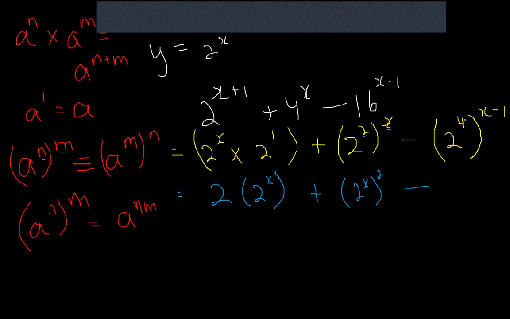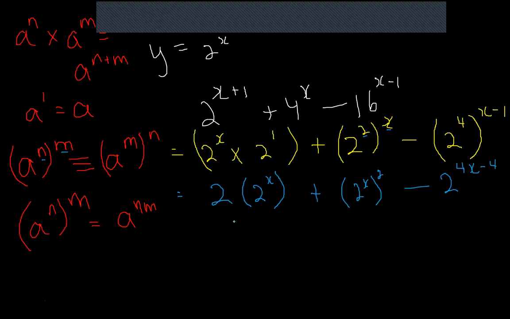I see 2 to the power of 4, and then outside I have a power of x minus 1. So all I'm going to do, follow this rule, and I would multiply my powers to get 2 to the power of, if I multiply 4 by x minus 1, I'm going to get 4x minus 4.